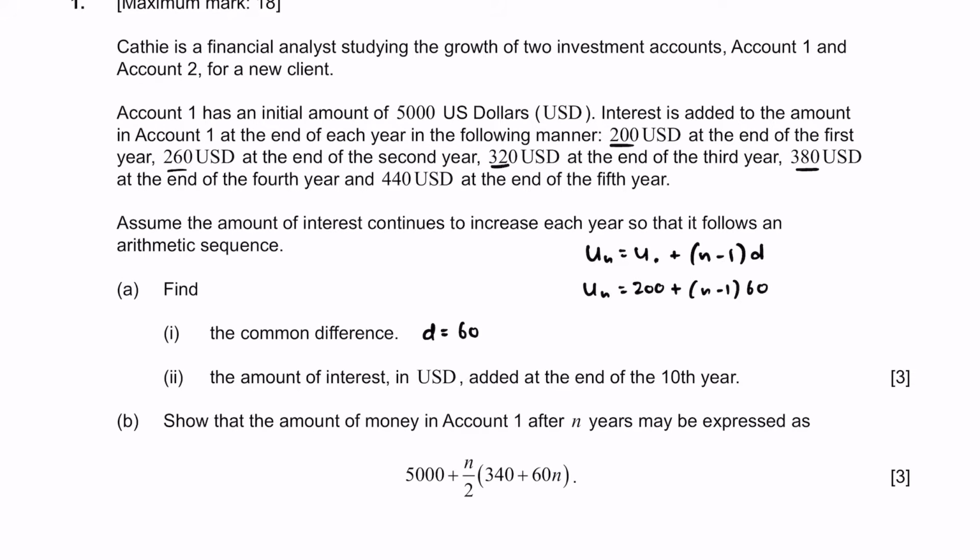All right. So now let's find u10. In this case, we want to find the interest in the 10th year. That would be when n itself is equal to 10. So essentially, we want to find the value of term 10. Wherever we see an n, let's replace it with 10. And then we'll write 200 plus, in this case, (10 minus 1) times 60.